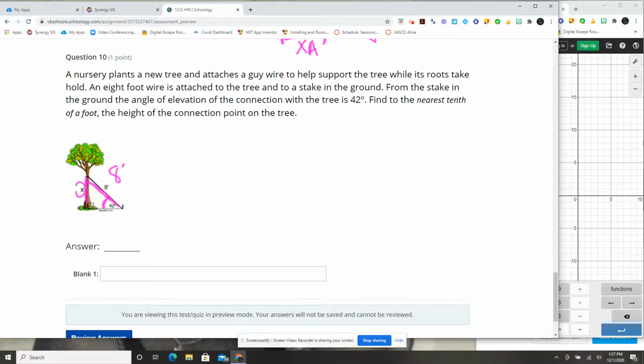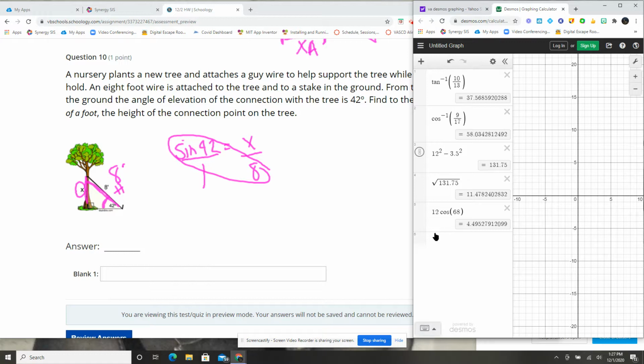Find to the nearest tenth of a foot the height of the connection point of the tree. So we're looking for X. We've got O, we've got H. O and H is sine. So sine of 42 equals O over H. I can put my 1. Now we're going to cross multiply.